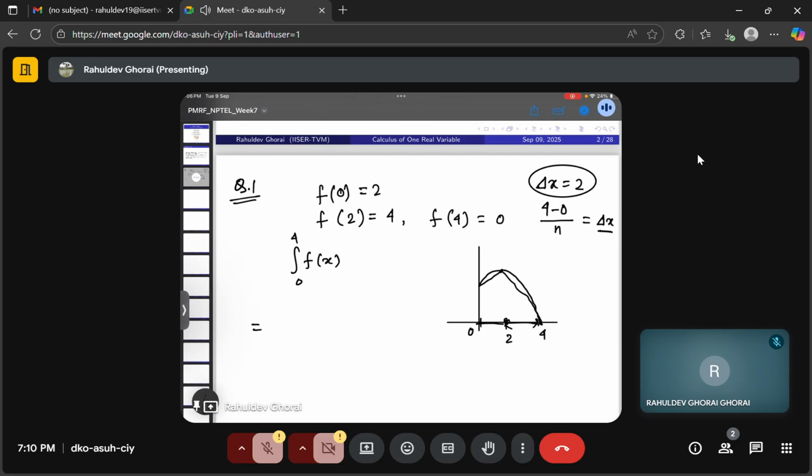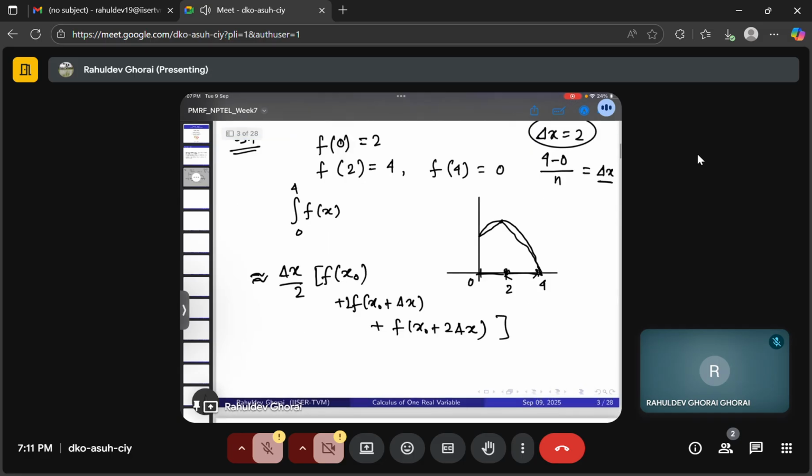Two intervals, then using the trapezoidal rule, it is del x over 2 times f of x naught plus 2 times f of x naught plus del x, plus f of x naught plus 2 del x.